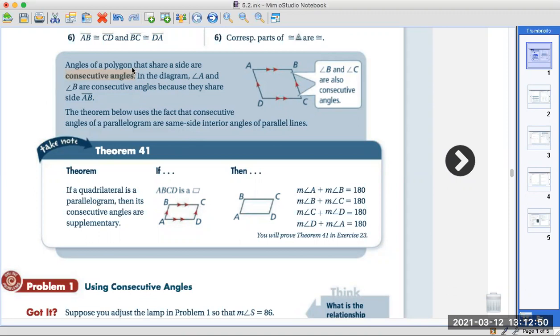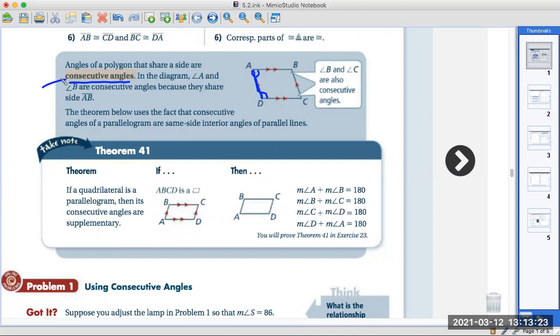Angles of a polygon. Polygon is another word for many-sided figure, not even a quadrilateral. It could have 5 or 6 sides, many-sided figures. Angles in a many-sided figure that share a side are consecutive angles. So these two angles here and here are consecutive because they share a side. Do you see that? This is the side they share. So they are next.